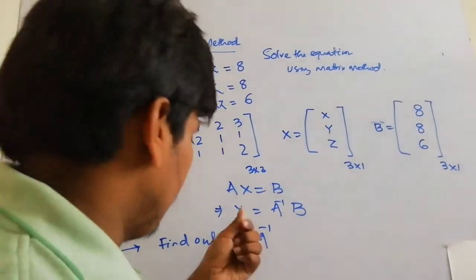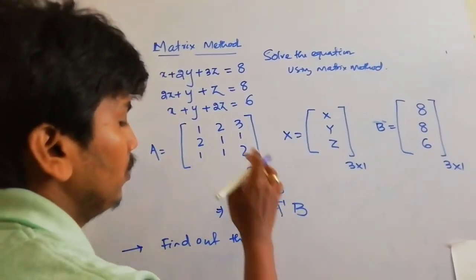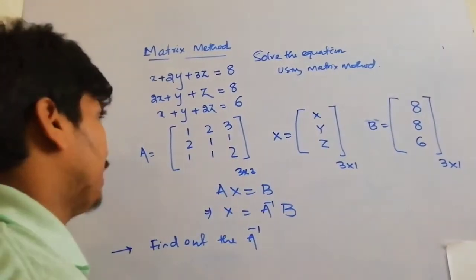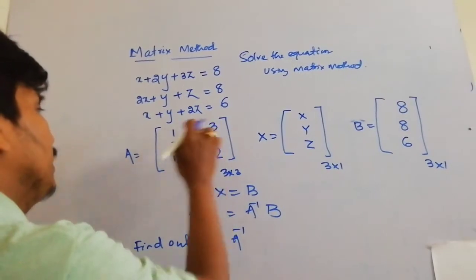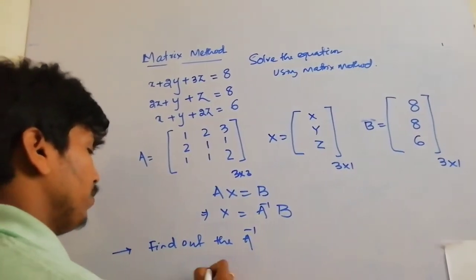For finding the A inverse, first you have to find out the determinant value of 1 2 3, 2 1 1 and 1 2 1. So what is the determinant value?